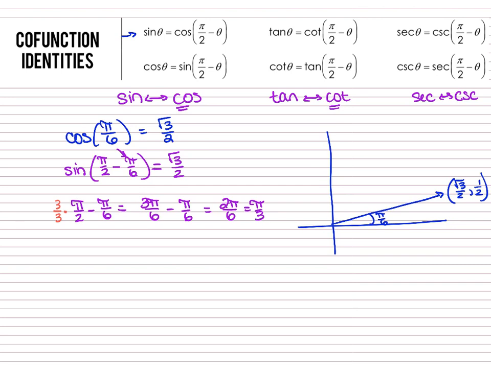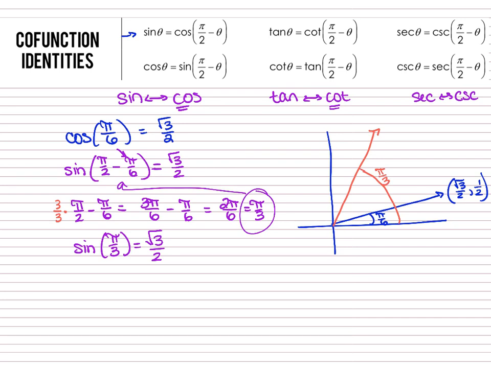So this can be substituted back in here. This is saying that the sine of pi over 3 should be equal to the square root of 3 over 2. Let's see if that's true. Back over on our unit circle, pi over 3 is this angle up here.